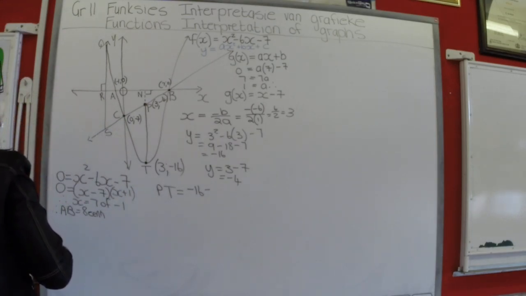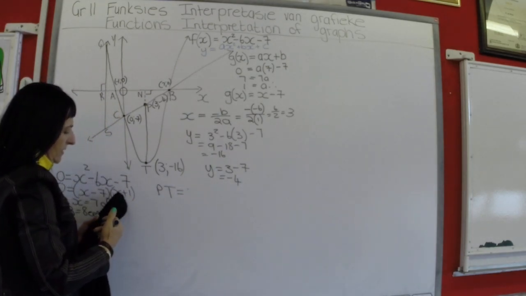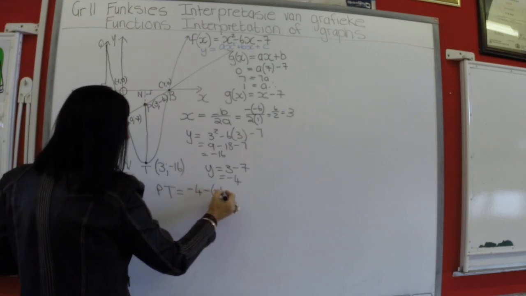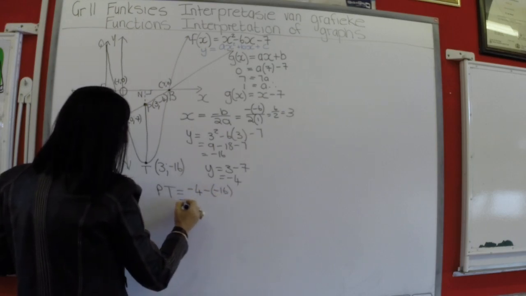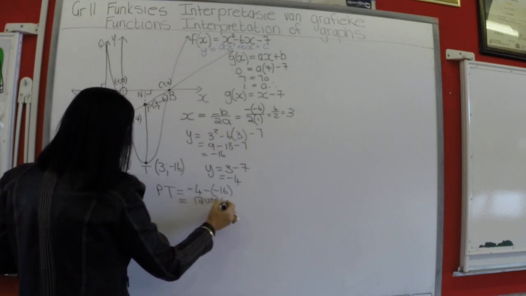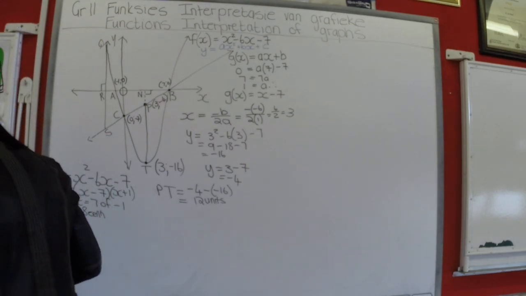So dit gaan wees die groot ouetjie, it's going to be the other way around. It's going to be minus 4 minus (minus 16), and that's going to be 12 units. Goed, the length of PT.